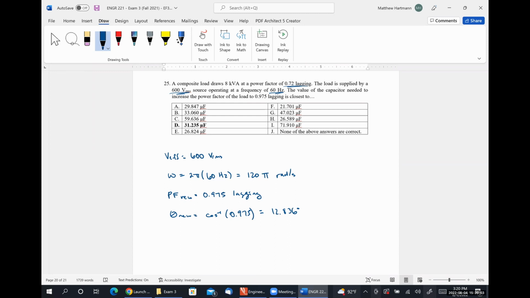0.72 lagging is PF old, which means theta old is the inverse cosine of 0.72, which is 43.946 degrees.